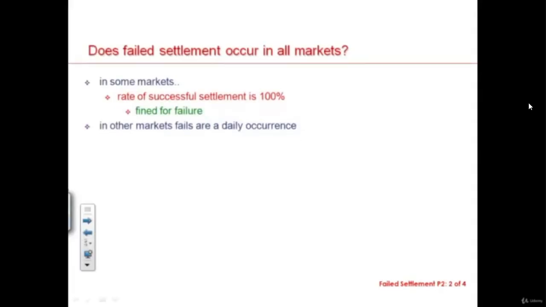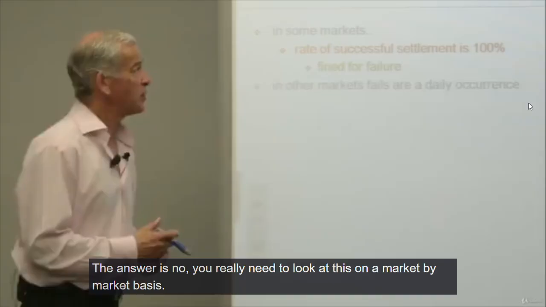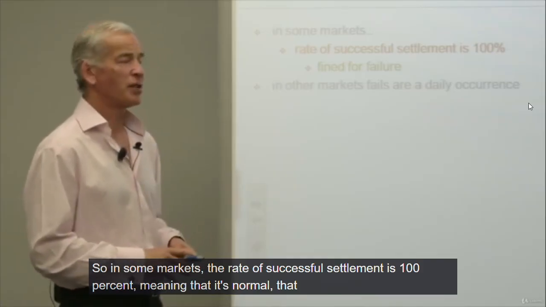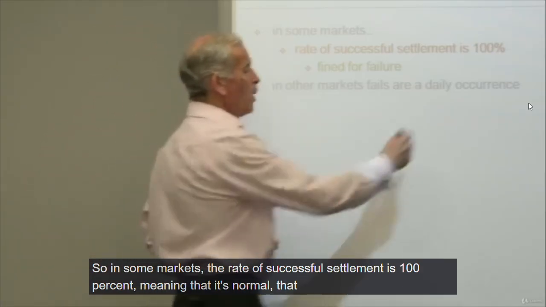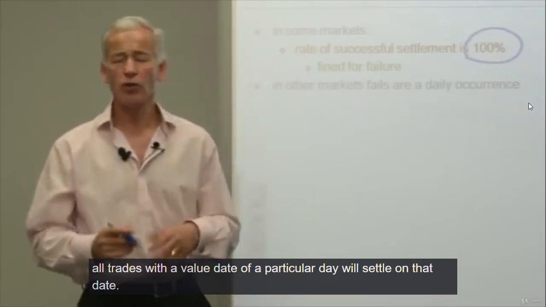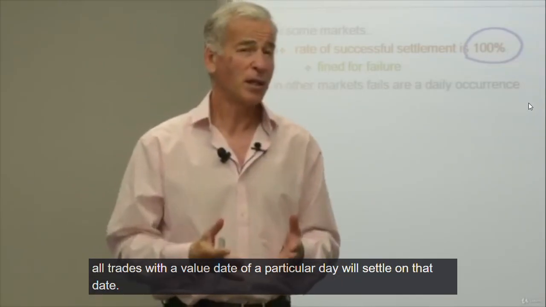Okay, so do failed settlements occur in all markets? The answer is no. You really need to look at this on a market-by-market basis. In some markets, the rate of successful settlement is 100%, meaning that it's normal that all trades with a value date of a particular day will settle on that date.